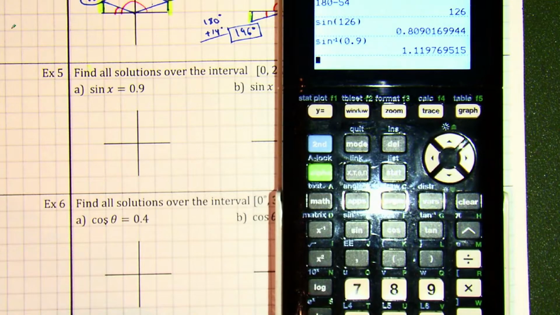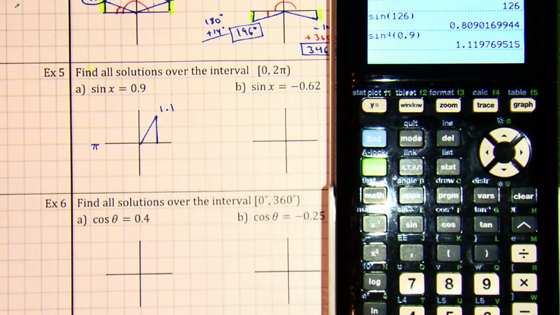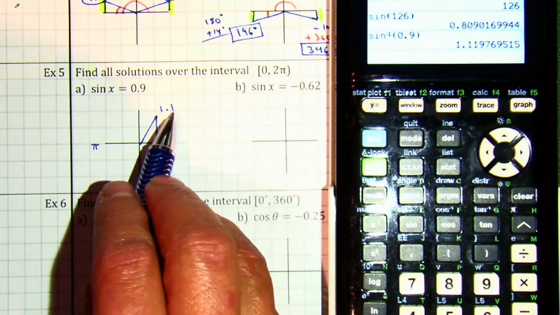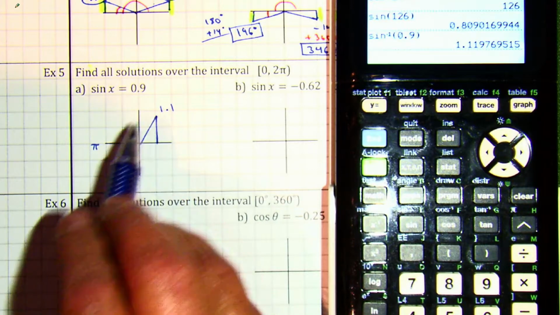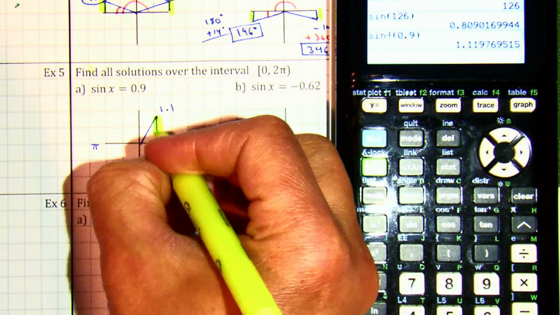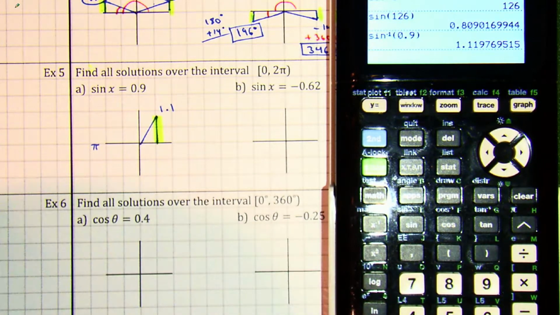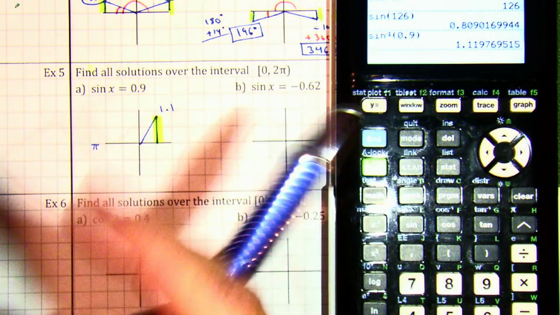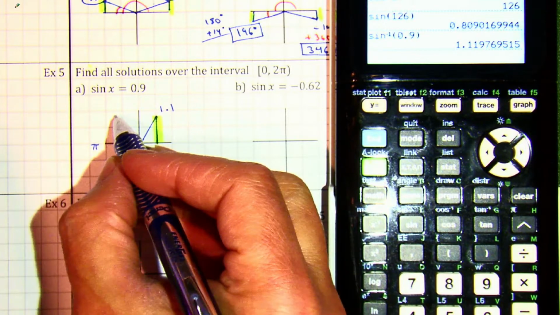And my screen froze again, so I'm afraid that if you can be patient enough. So there's 1.1 radians. We know that 1 radian is about 57 degrees. So there's another angle that has the same y value, which is over here.